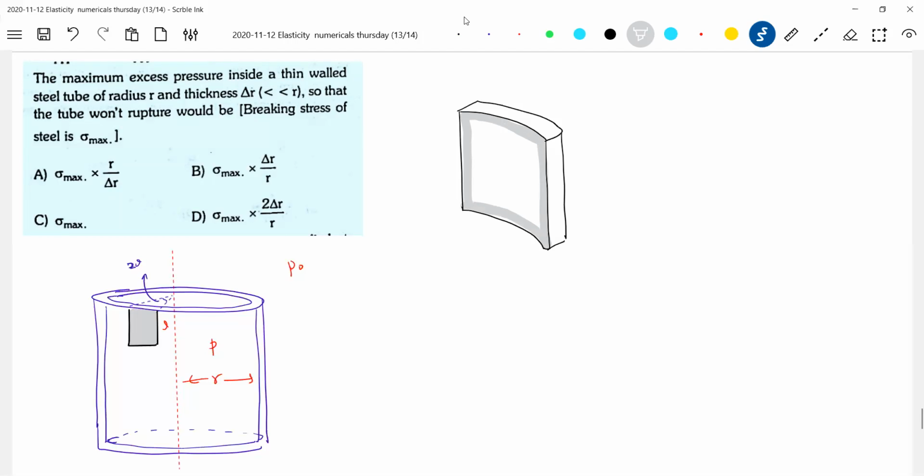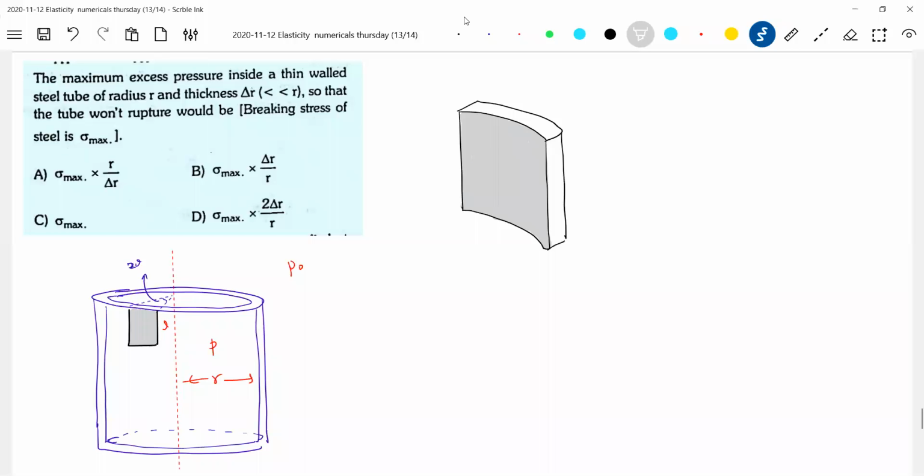Now tell me, this strip will experience a force, no? The air present inside is at pressure P, so it will exert a radial outward force. The air outside the tube will exert a force that is radial inward. The difference of that, what will happen? The tube wants to expand, and at equilibrium, who will stop that? Some elastic forces which are present inside.